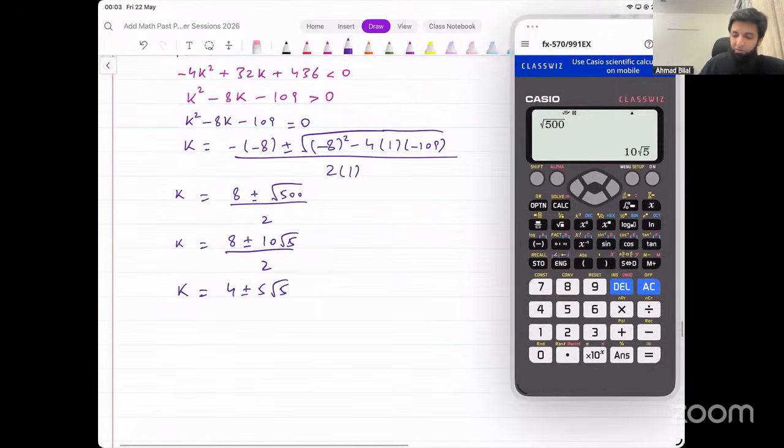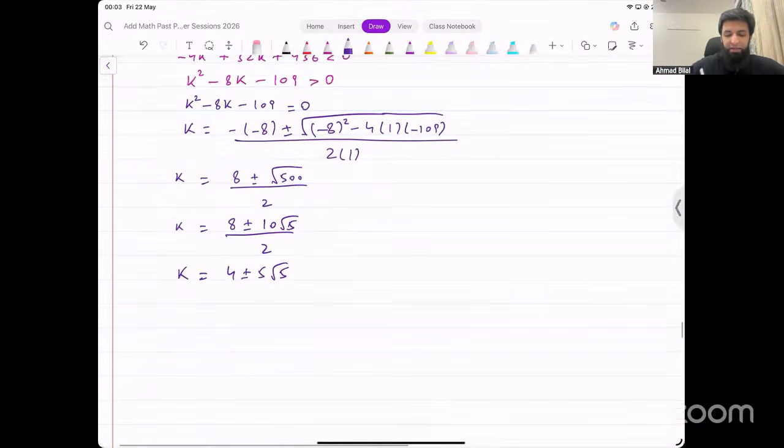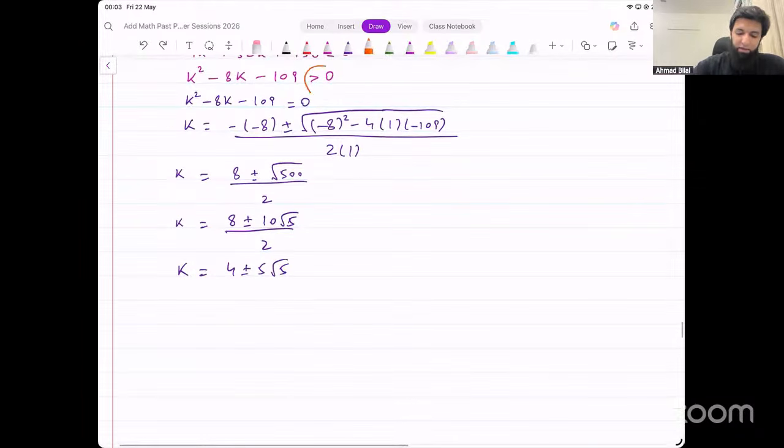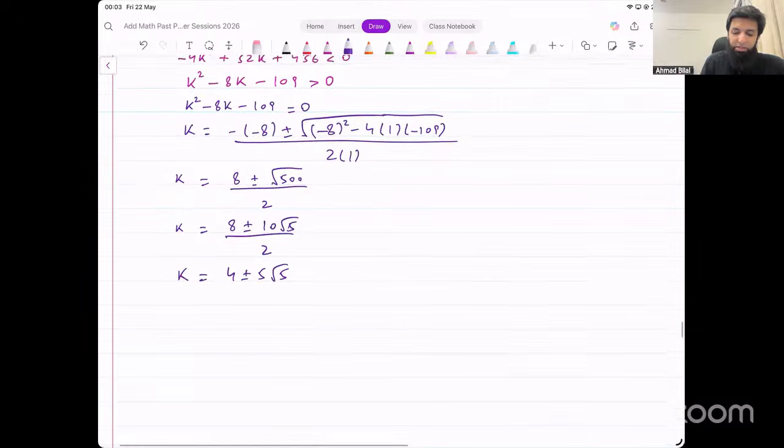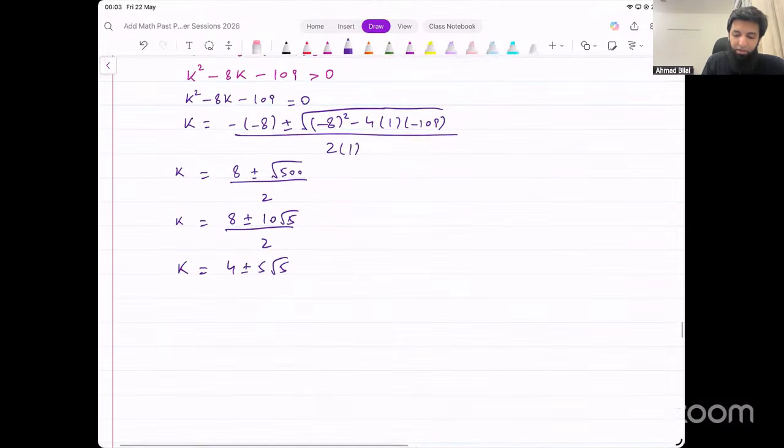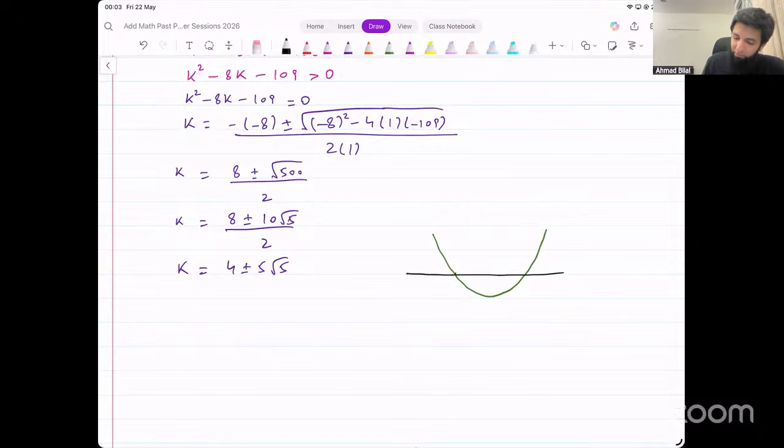These are two possible values of k that we're getting. These are solutions of this equation. Now, what about the solutions of this inequality then? It's a quadratic inequality. This coefficient is positive, so it's going to be a U-shaped curve like this. It has two intercepts. One is 4 minus 5 root 5, and the other is 4 plus 5 root 5.